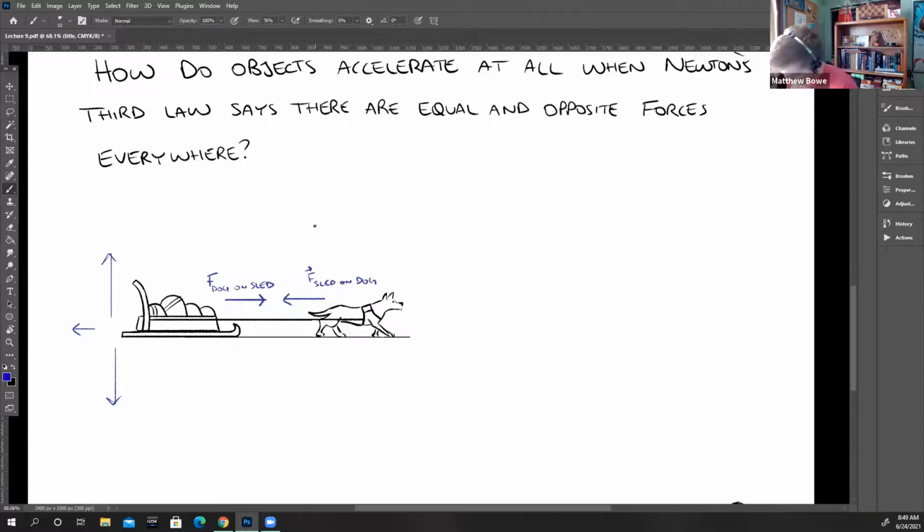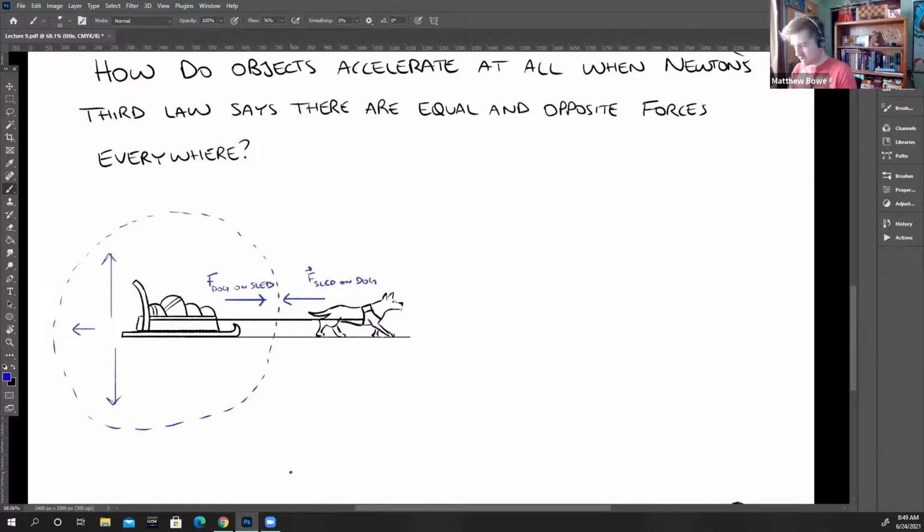If you specifically remember, I drew this bubble around only what we were interested in. In this instance, I would draw the bubble like that, so it would split these two things up like this.